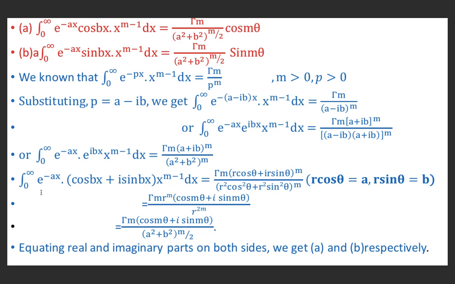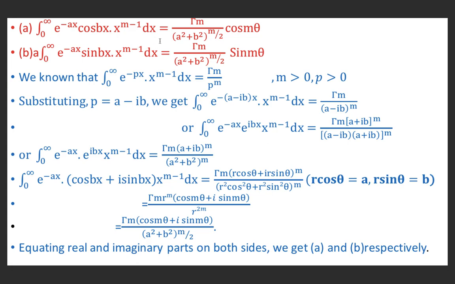Because this is a complex number, this is also a complex number because we have an imaginary number here. So two complex numbers are said to be equal if their real parts and imaginary parts are separately equal. If we equate the real parts on both sides, we get the integral from 0 to infinity of e raised to minus ax cos bx x raised to m minus 1 dx is equal to gamma m cos m theta upon (a square plus b square) raised to m by 2.